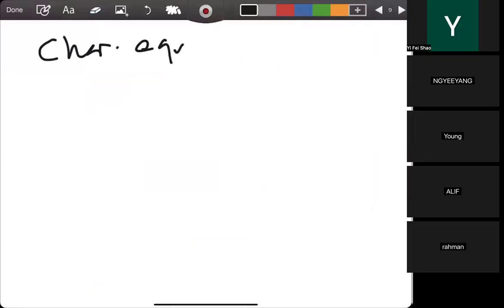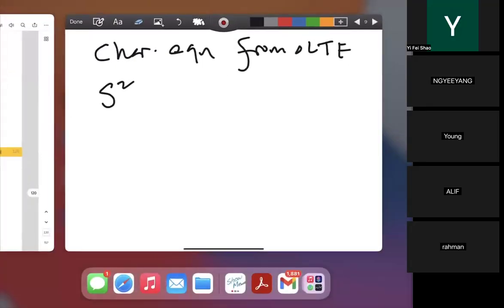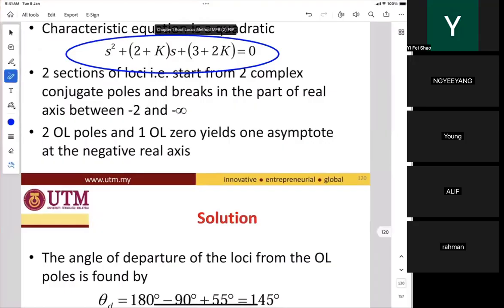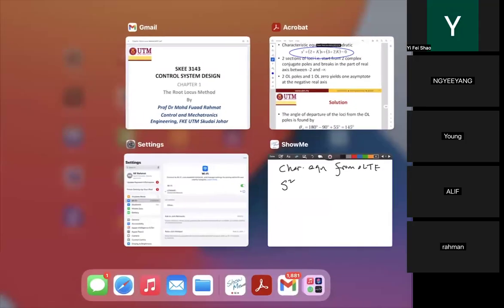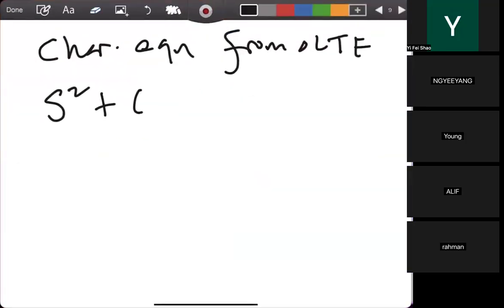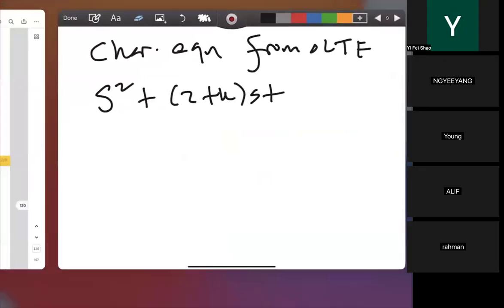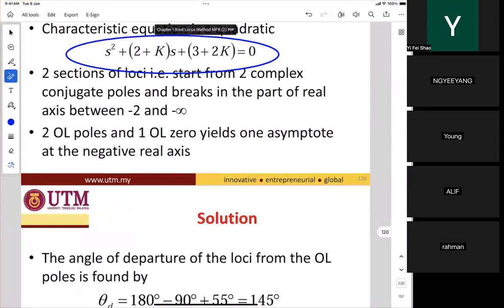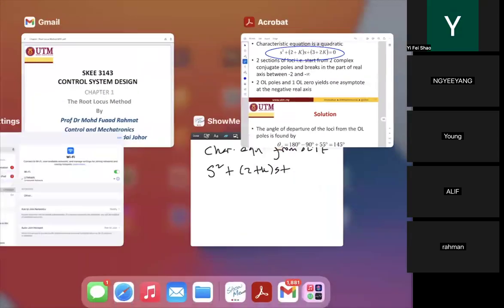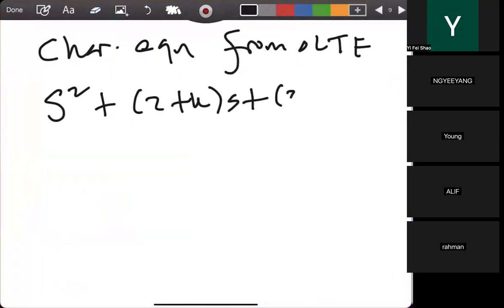The characteristic equation from the open loop transfer function is S squared plus (2 plus K)S plus 3 plus 2K equal to 0.